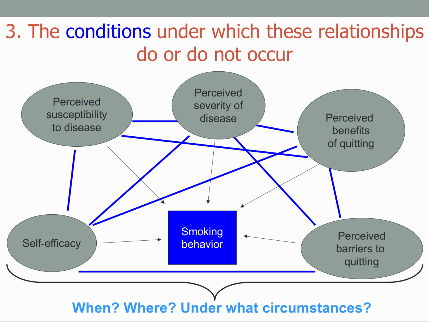But the last one is the conditions. Under which conditions do these relationships occur and not occur? When? Where? Under what circumstances? More opportunities for us to test these theories. Does this occur when we're children?